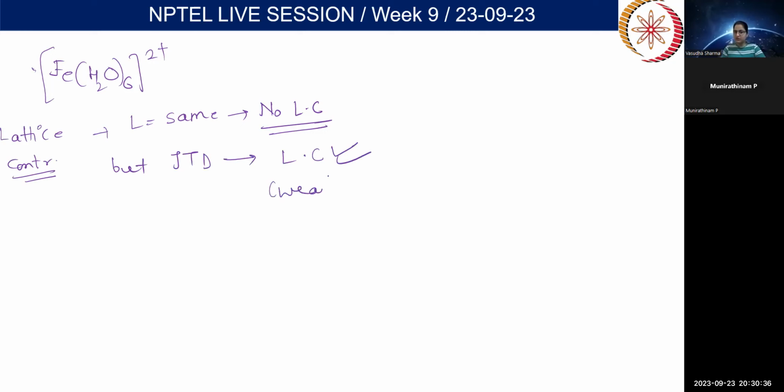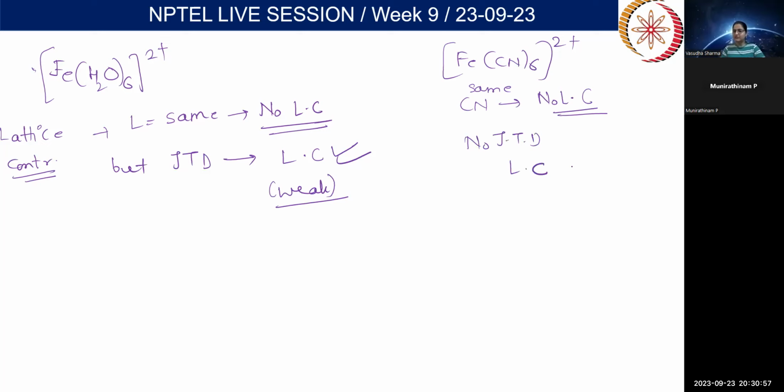Though it is weak, it is there. It is clear? Clear, ma'am. In case of iron CN, because of the same CN ligand, there is expected to be no lattice contribution, and also there is no Jahn-Teller distortion. So ultimately, lattice contribution is 0. This is clear?